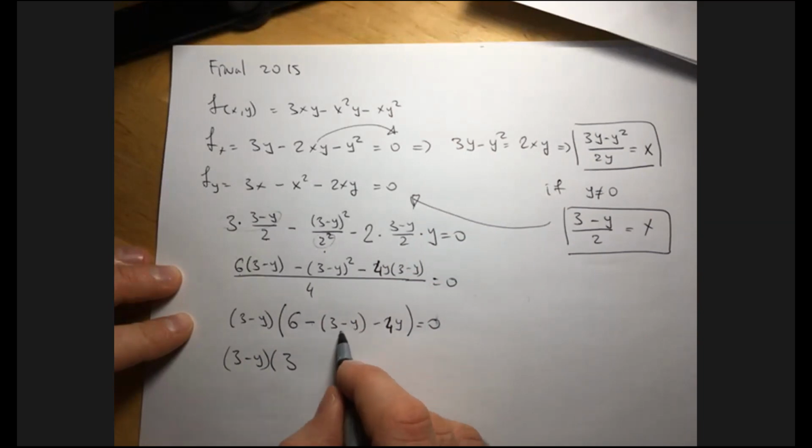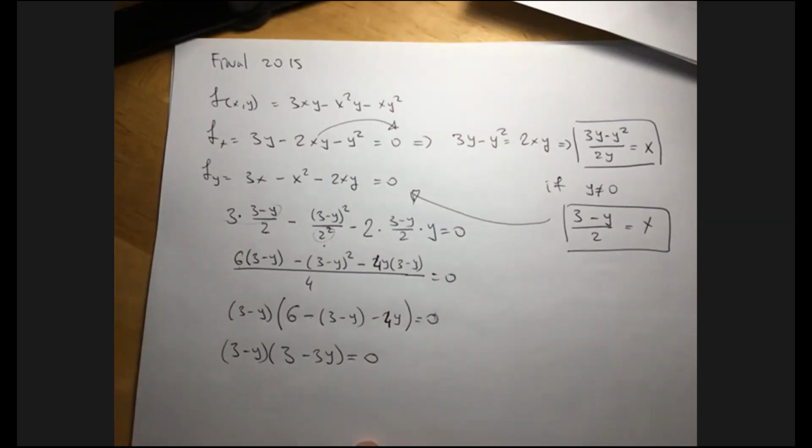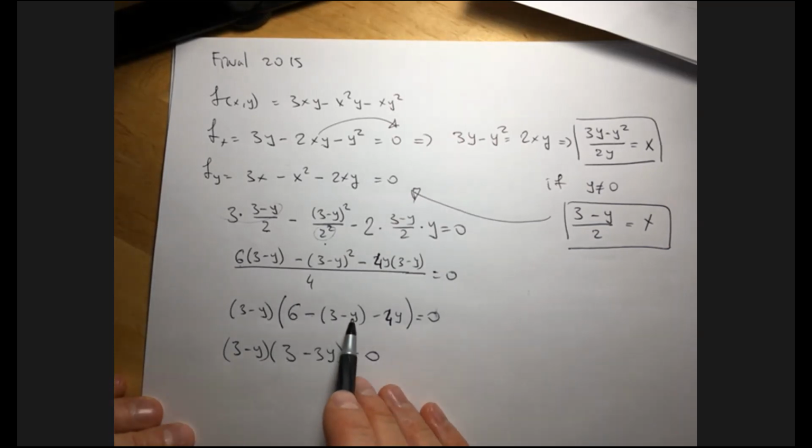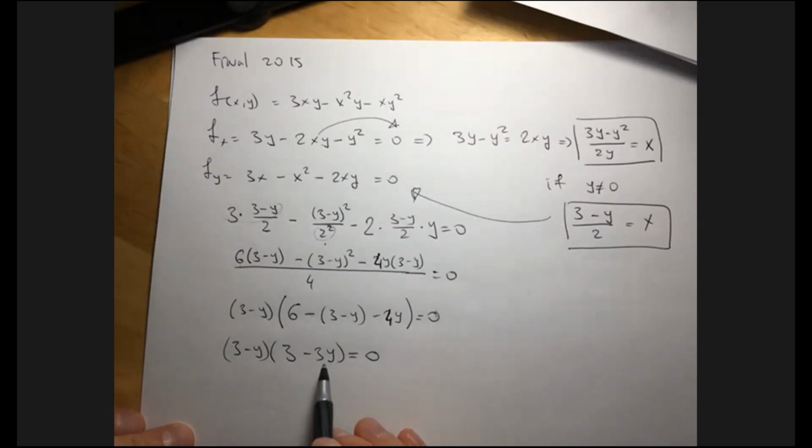This is positive y minus 4y minus 3y is equal to 0, right? Can you check my solution, please? That works. Looks good? Yeah. 6 minus 3 is 3. This is positive y minus 4y minus 3.